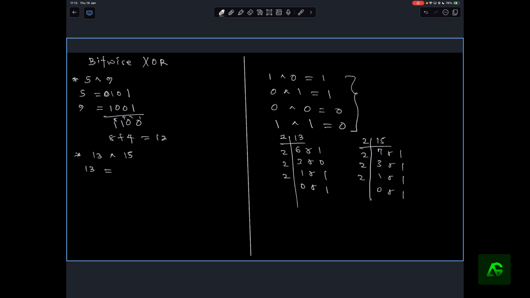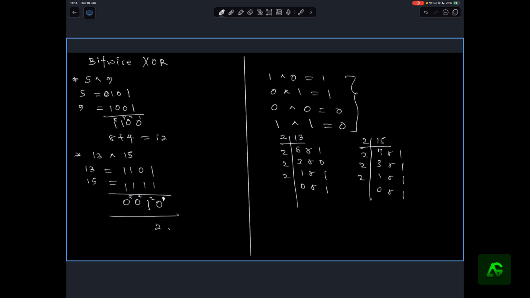So 13 is 1101, right? And 15 is 1111, right? Now 1 XOR 1 is 0, 0 XOR 1 is 1, 1 XOR 1 is 0, 1 XOR 1 is 0. Now let's take this result to base 10. We have 1, then 2, 4, 8. So the answer is 2. You get it, right?